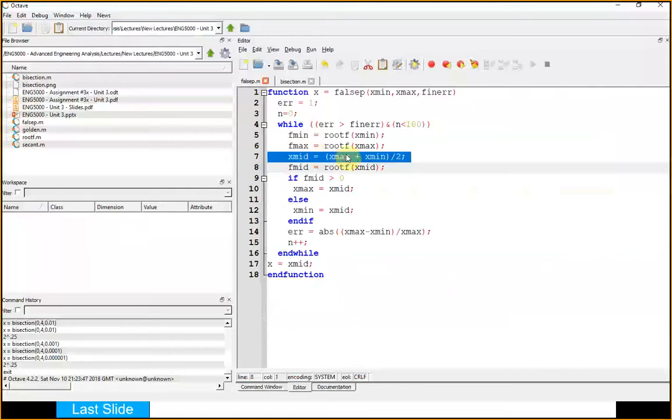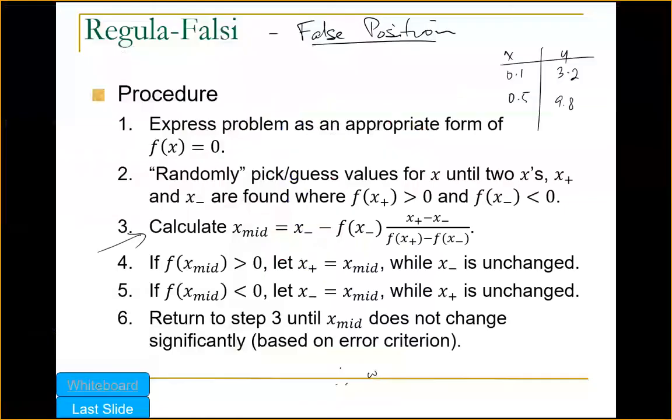I'm going to go back to the PowerPoint. I want you to write down the equation. It's procedure 3. Write the equation down by hand. Everybody should write it down. Yes, Dwight, it's just that one line between the false position and the bisection method, nothing else. Tell me when I can go back to the spreadsheet.